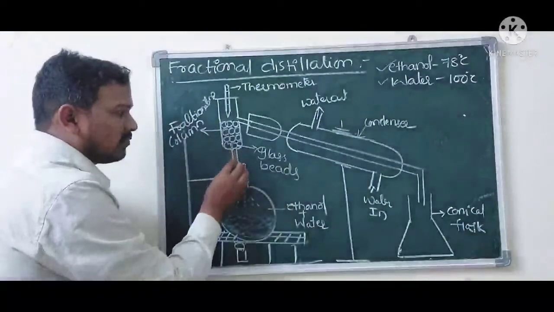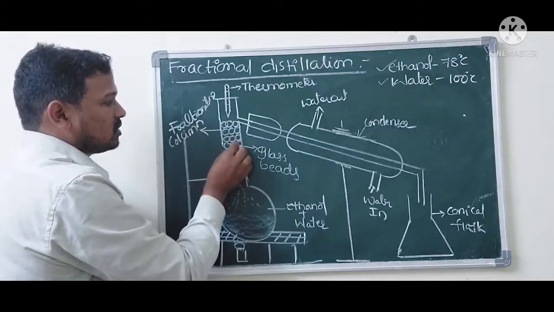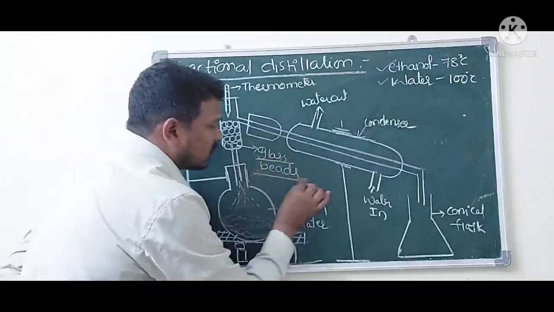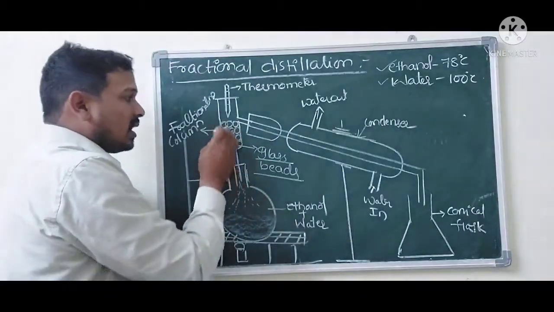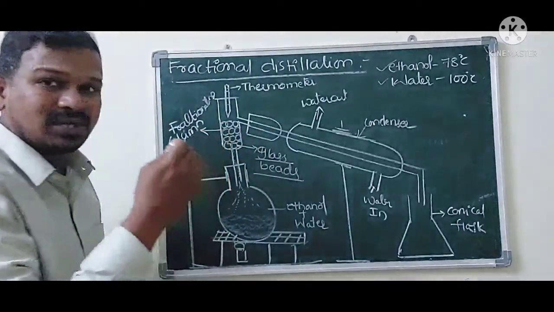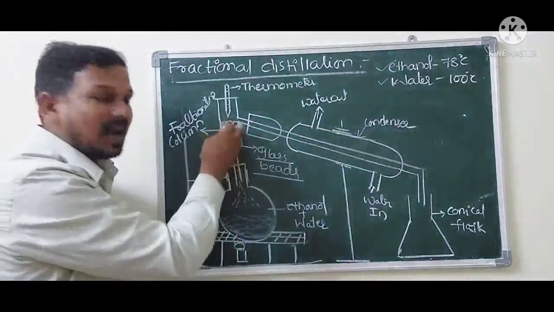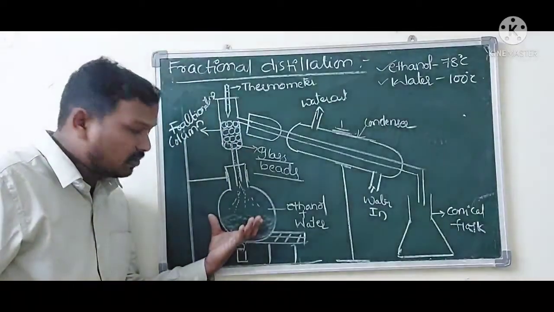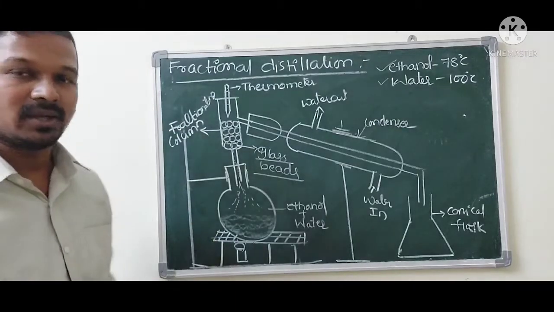They will flow this way and reach the fractionating column. The glass beads increase the surface area. These vapors hit the glass beads, lose their heat, and condense and come back to the same round bottom flask. So this is the first process happening.